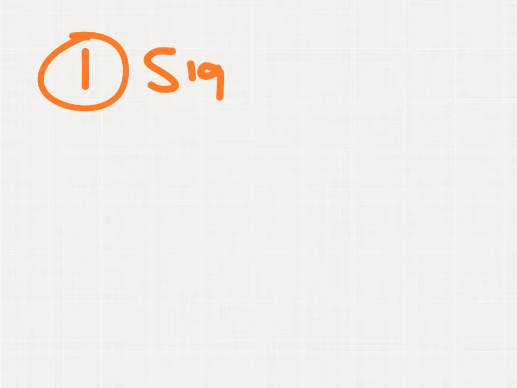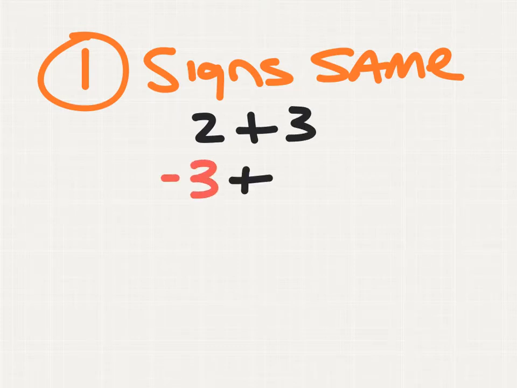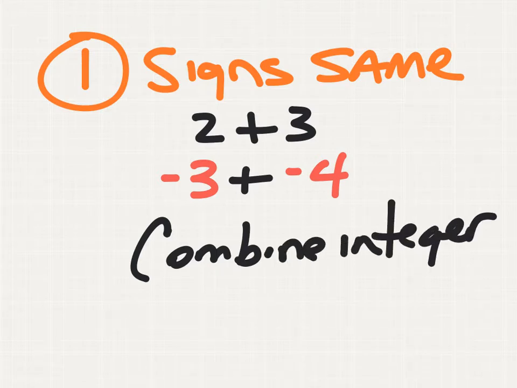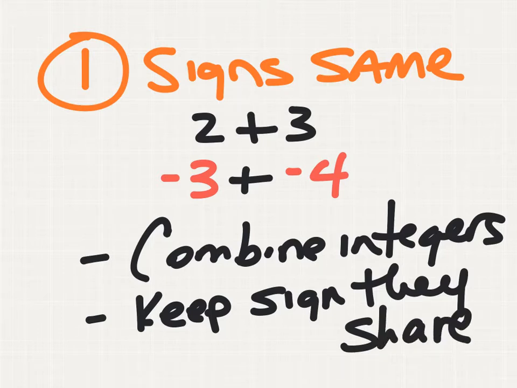Let's go ahead and wrap up this lesson. I've told you that when you add integers using an algorithm, the algorithm, the rule or repeatable process, says, first, when the signs are the same, so I'm adding two positive integers, or I'm adding two negative integers, simply combine the integers and keep the sign they share.